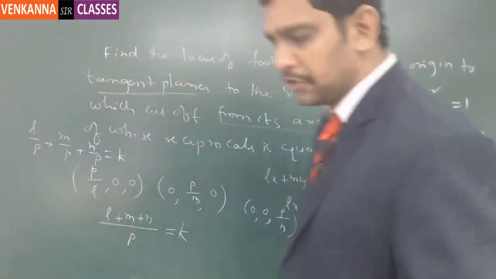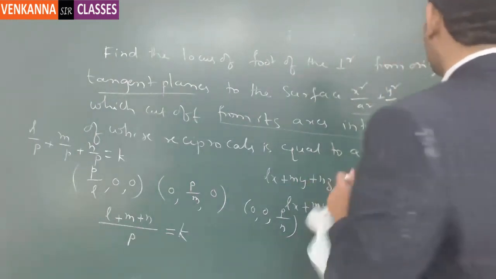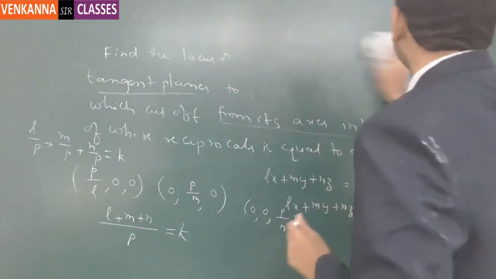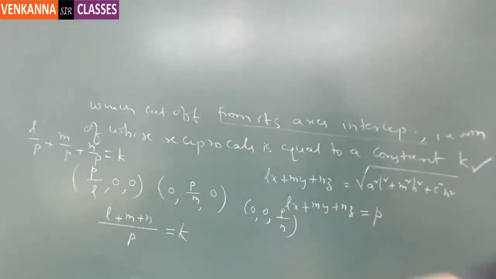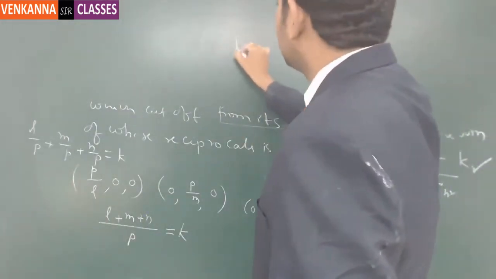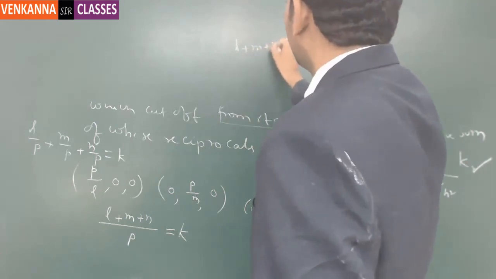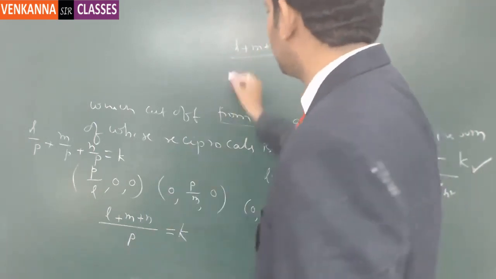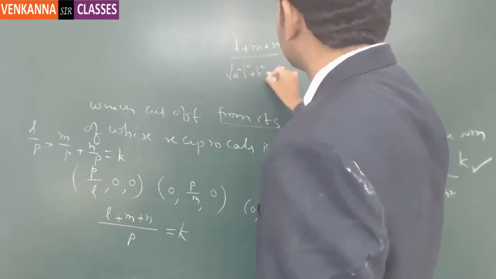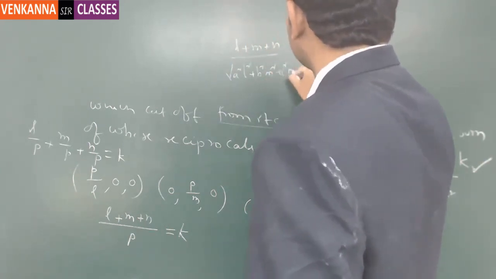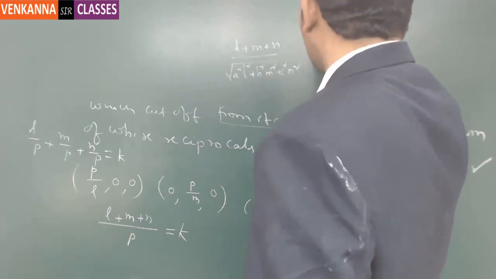Now, let us substitute the p value there. We got the required locus value. So we got (l + m + n) divided by the square root of a²l² + b²m² + c²n², which is equal to k.